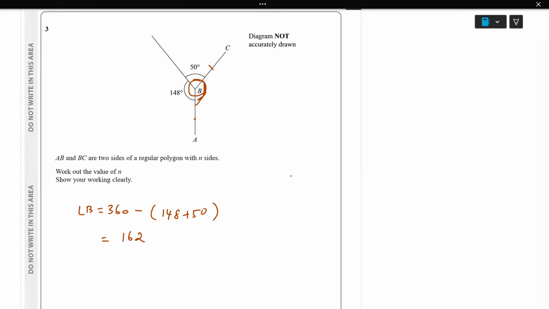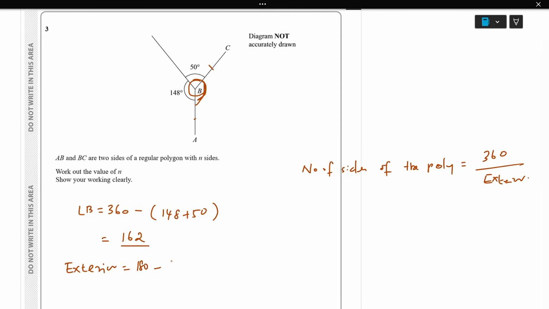Now the formula for the number of sides of the polygon is 360 divided by the exterior angle. So how to find the exterior? This is the interior, so exterior equals 180 minus the interior.